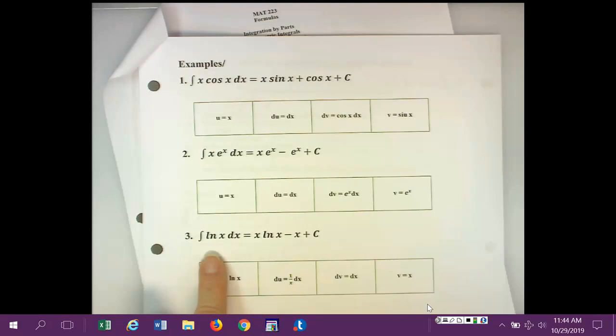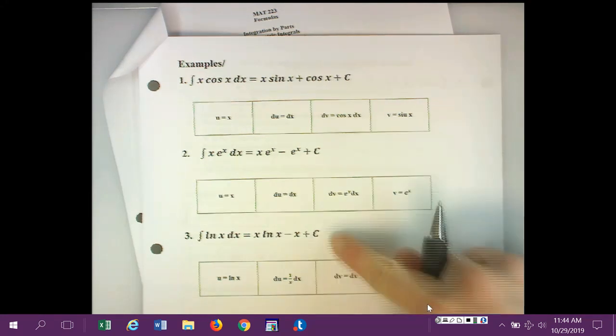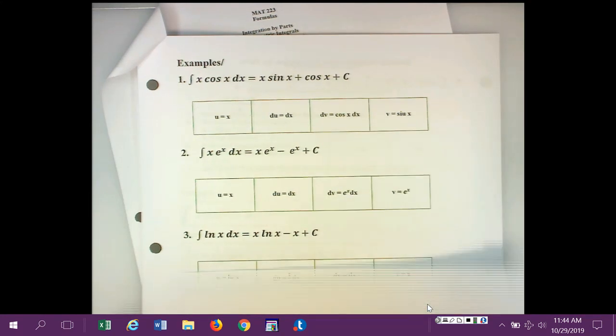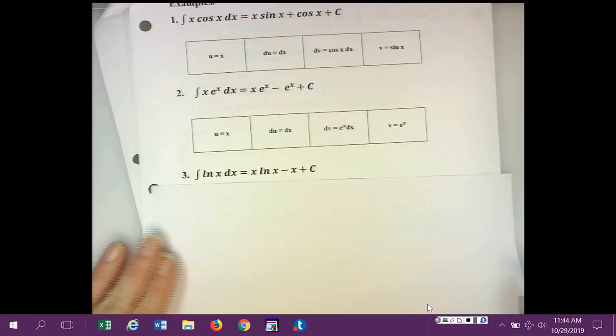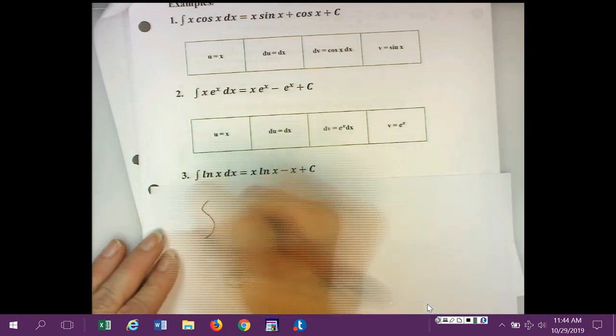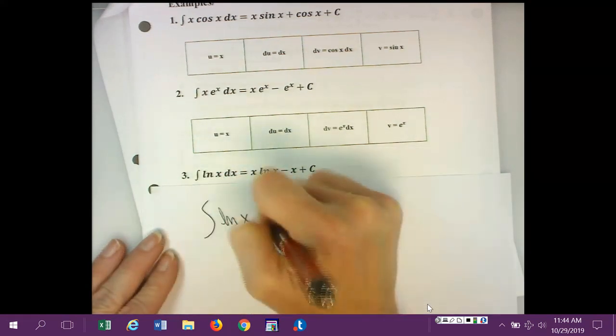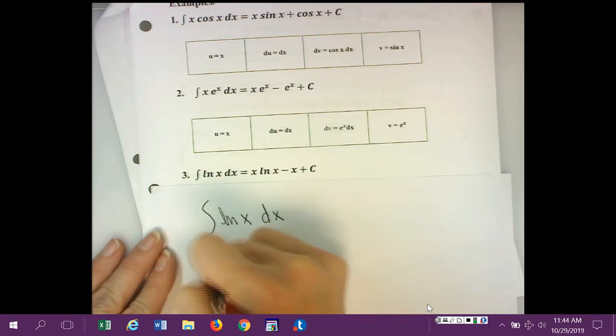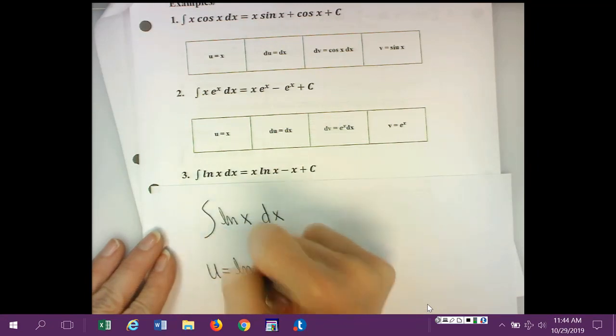Problem number 3, you can see, is only one function, so that automatically has to be our u. You see the answer, you see the 4 boxes, but we'll start from the beginning and prove that answer in those 4 boxes. We have one function, therefore u is natural log of x.